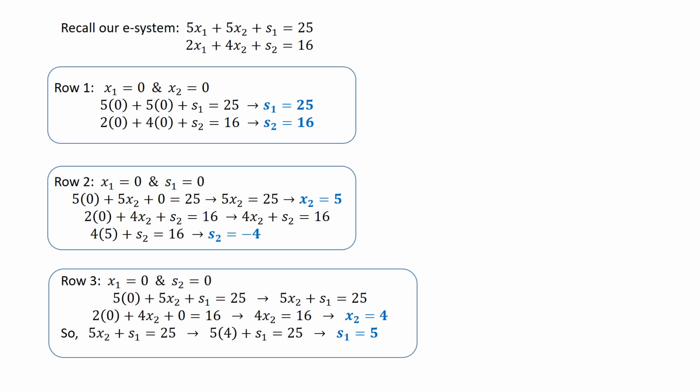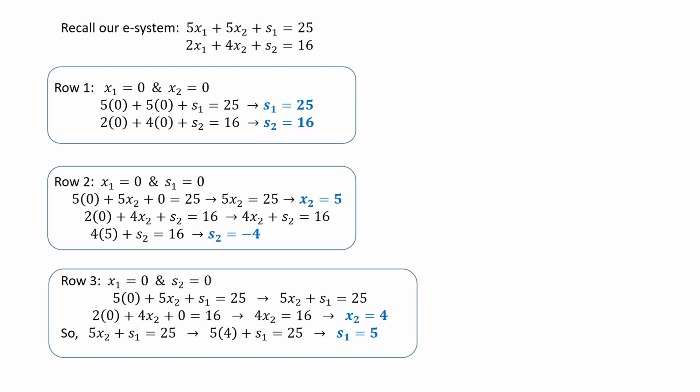So 2 times 0 plus 4x2 plus 0 is 16 yields 4x2 equals 16, which gives me that x2 equals 4. So I now know the value of the basic variable x2.